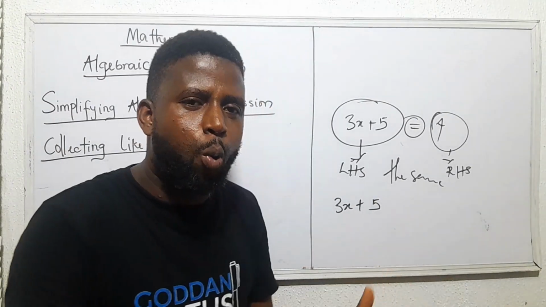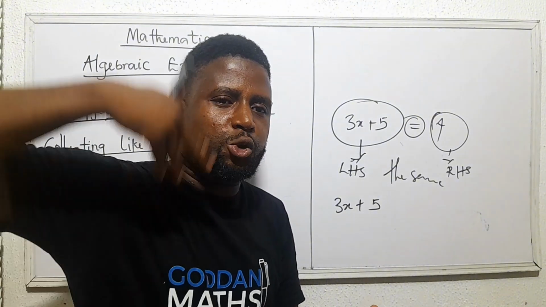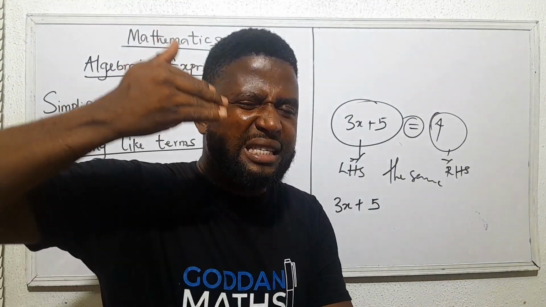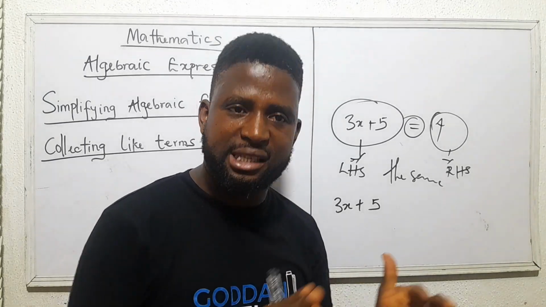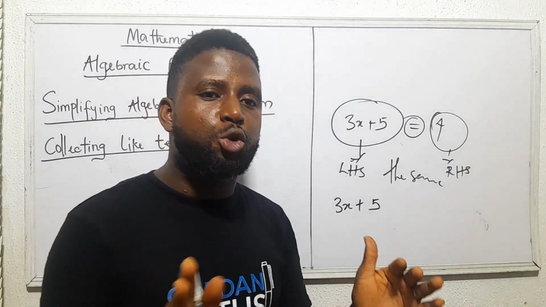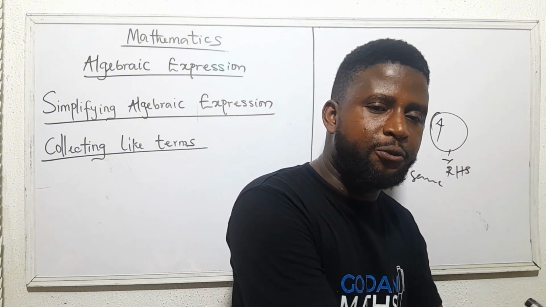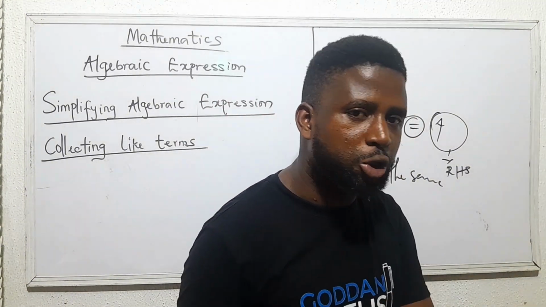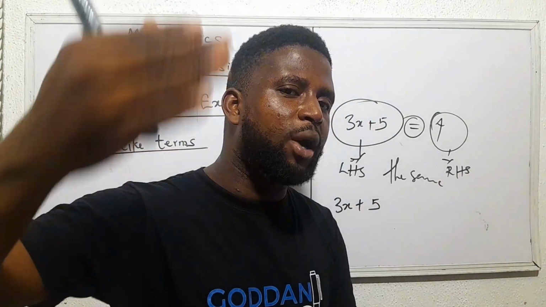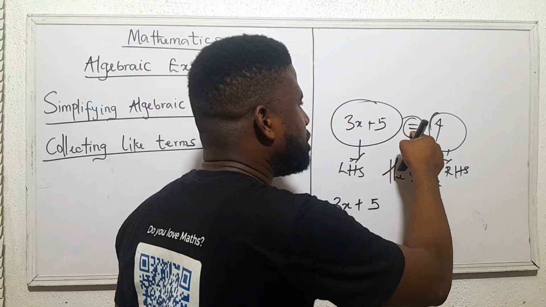What you can do is to express that algebraic expression in its simplest form, and that's why it is simplified. So you can only simplify an algebraic expression, whereas you can solve an algebraic equation or any form of equation, right? And what makes an equation is the equal to symbol.